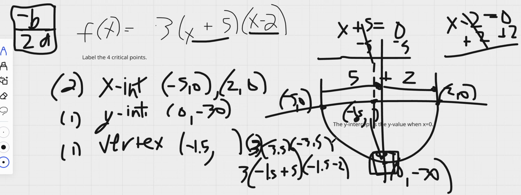And then times 3. So this is a tricky one. It's a big number, but let's multiply it anyways. So we'll do 3.5 times 3, which is 10.5. Check those off.